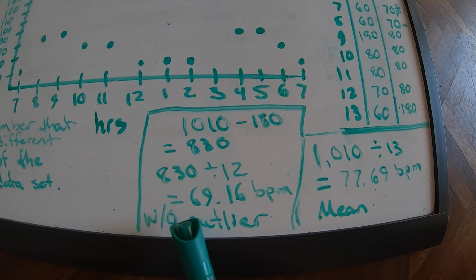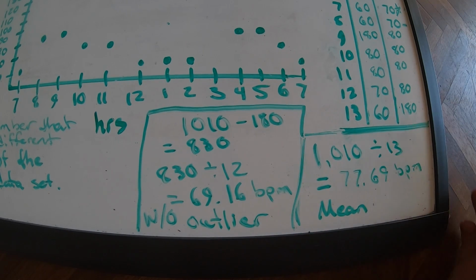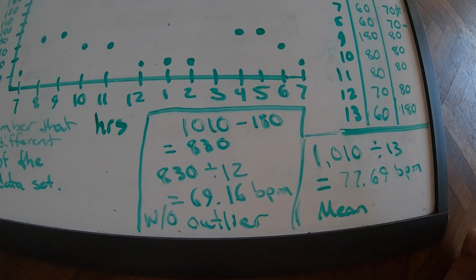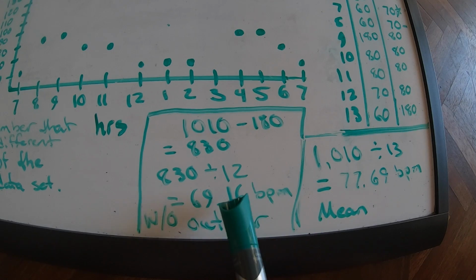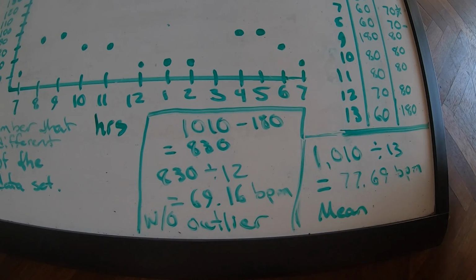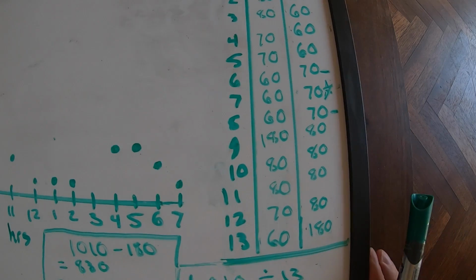That's going to equal 69.16 beats per minute. So that's without the outlier. By having that one piece of information, that outlier, it has actually had a fairly significant impact on our mean.